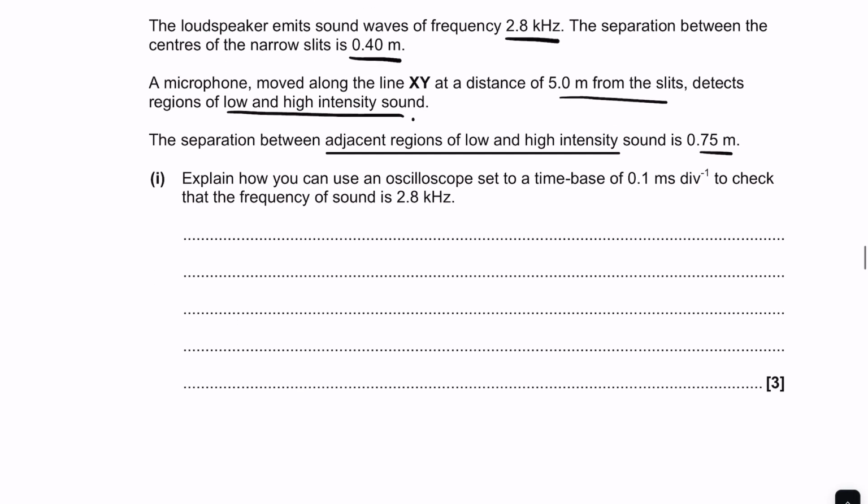And then explain how you can use an oscilloscope set to a time base of 0.1 millisecond per division to check that the frequency of the sound is 2.8 kilohertz.